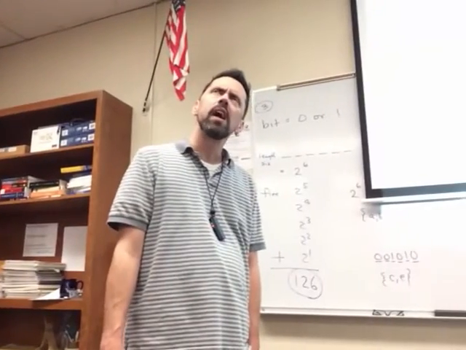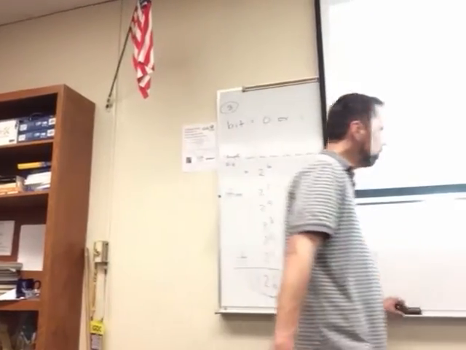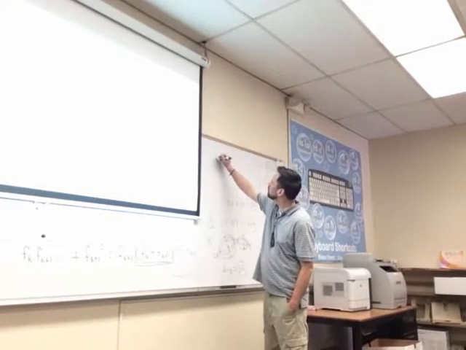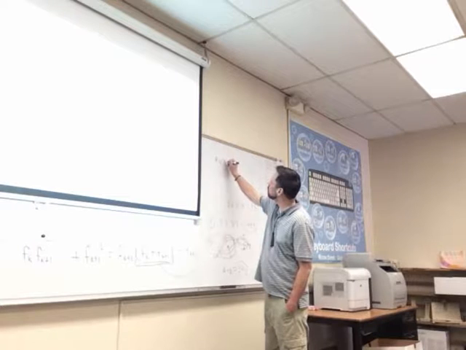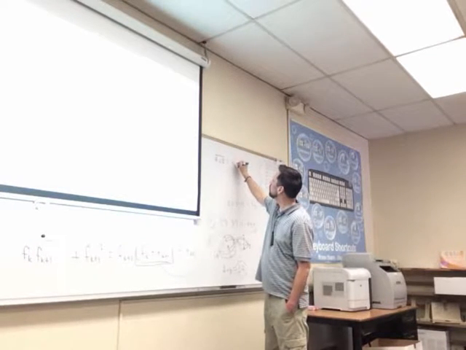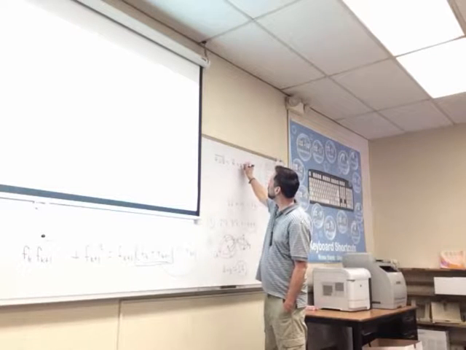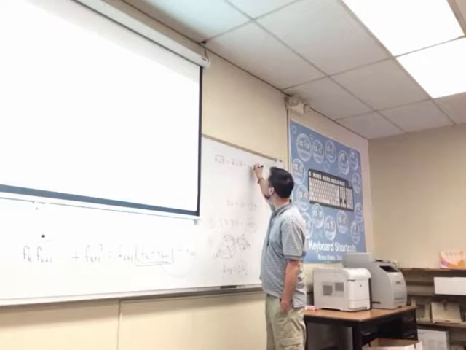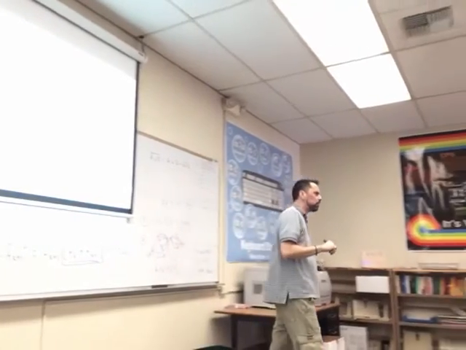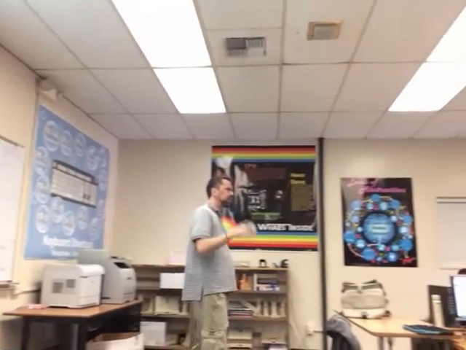I feel like when we talked about sets, did we talk about this rule at all? That the number of elements in the union of two sets is equal to the number in A plus the number in B minus the number in the intersection. Did that come up when we did sets? I can't remember. Well, let's say it didn't.